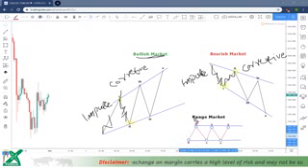As a whole, it is considered a consolidation and corrective structure, but inside the range market we get impulse and correction. Overall, though, the main trend is considered a range market. That's why we call it a range market.